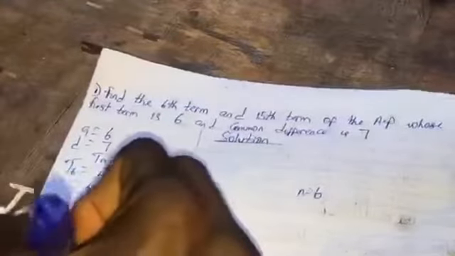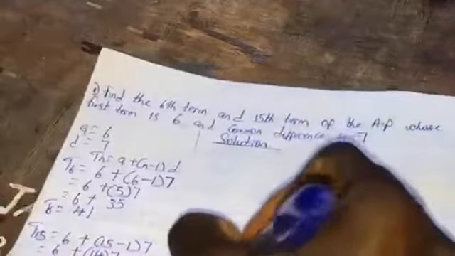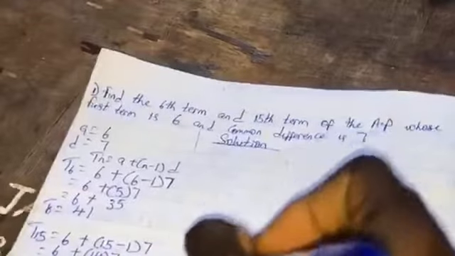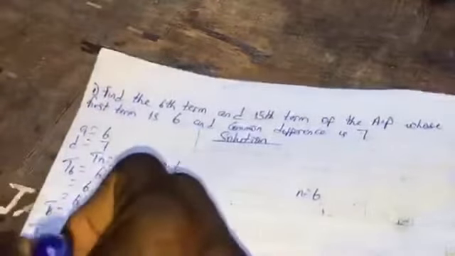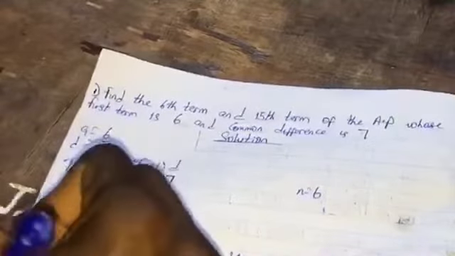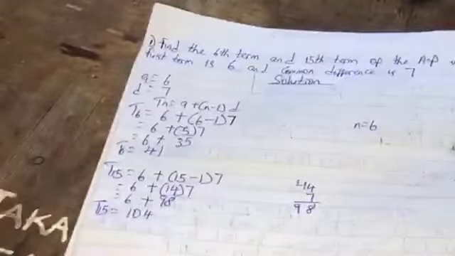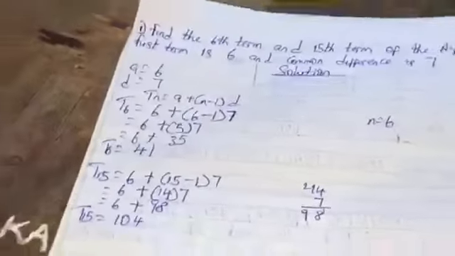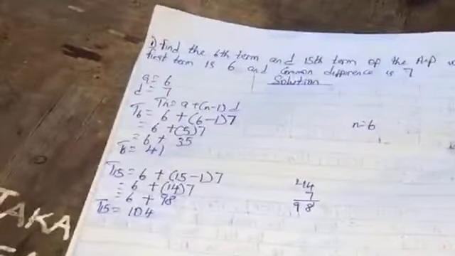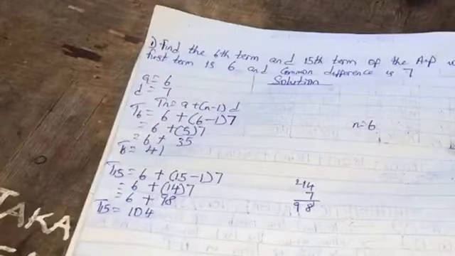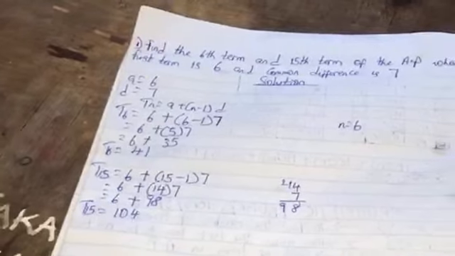It will be 6 plus 14 times 7, that is 98. Therefore your answer is 104. Your T15 is 104. As you can see, it is made easy, as simple as that. There's nothing difficult in arithmetic progression. Thank you.